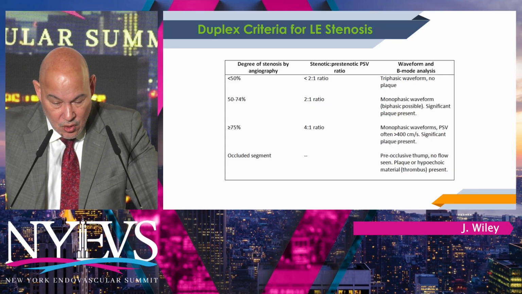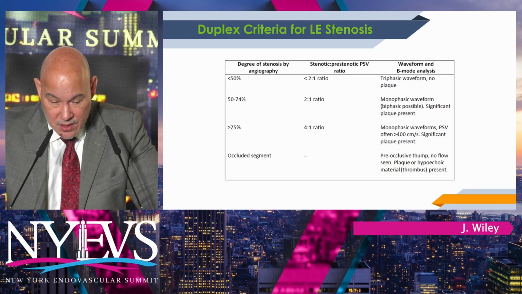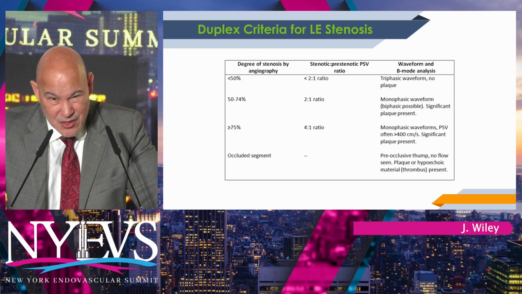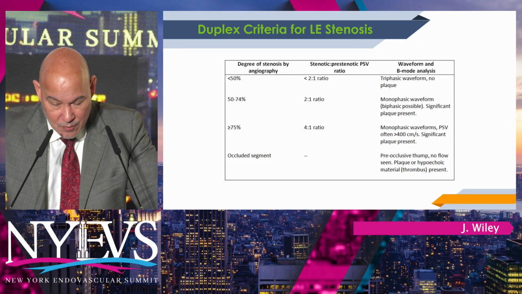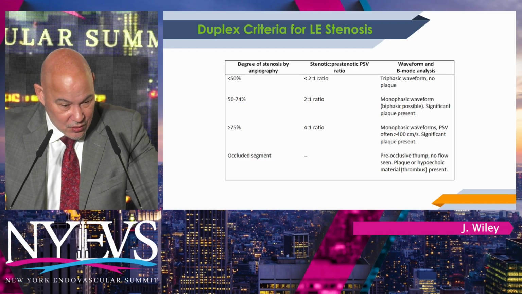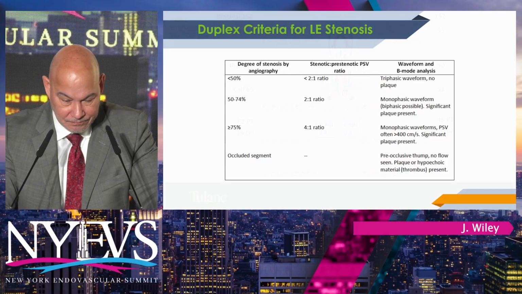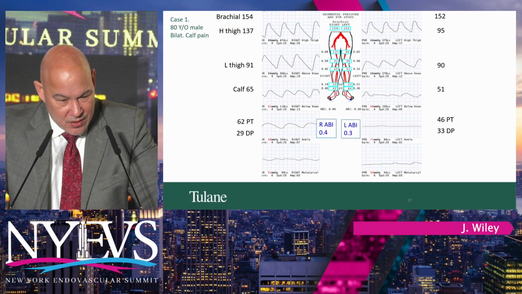A 4 to 1 ratio with monophasic waveforms and velocities greater than 400 centimeters per second suggests a greater than 75% stenosis. And there are different algorithms and protocols that you may use. And obviously, if you have a preocclusive thump, then that suggests a 100% occlusion.